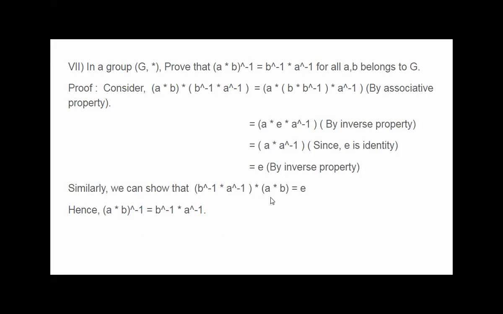A inverse and A will have one bracket, and instead of A inverse star A, we can write E. Then the equation becomes B inverse star E star B. Then as E is the identity element, we can take it as B inverse star B, and that is also equal to E, the identity element.